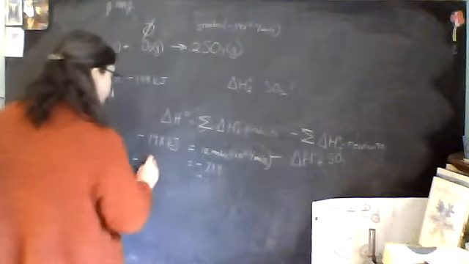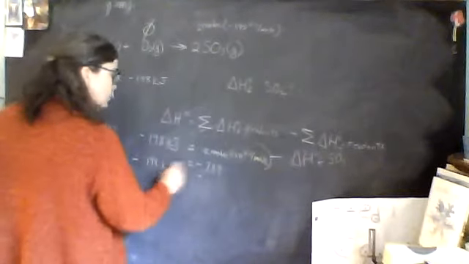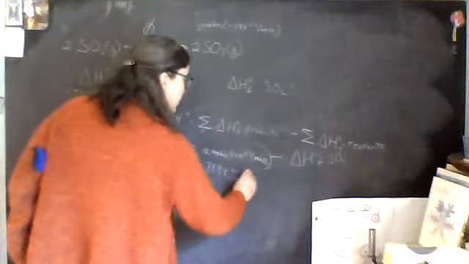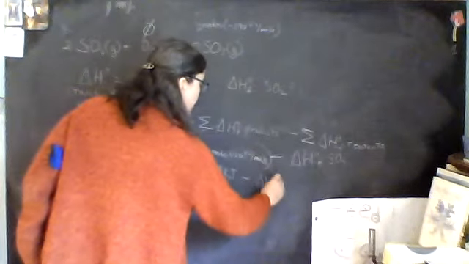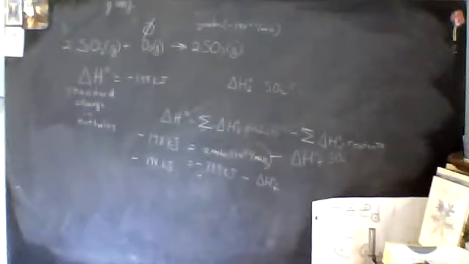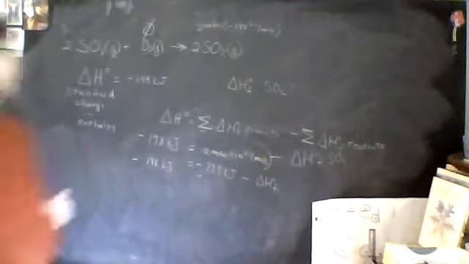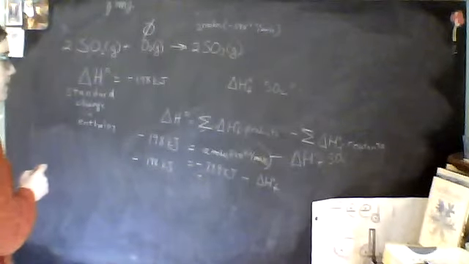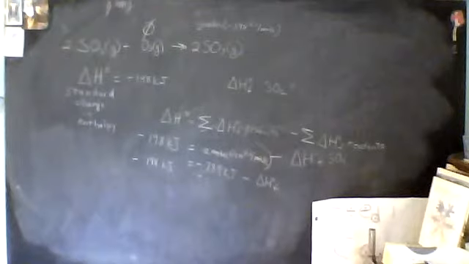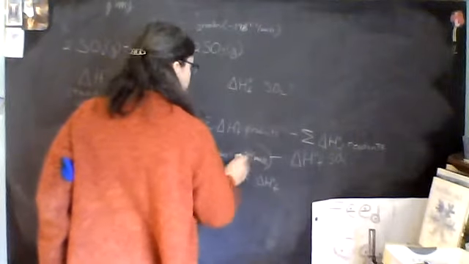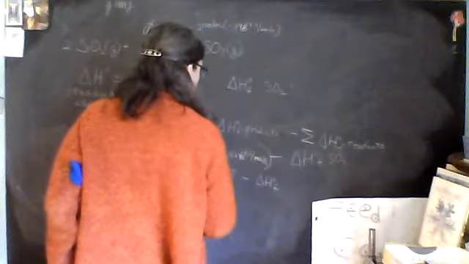Which equals 297. Did you multiply 2 times 396? Why did I have 398? It's 396. What's 2 times 396?